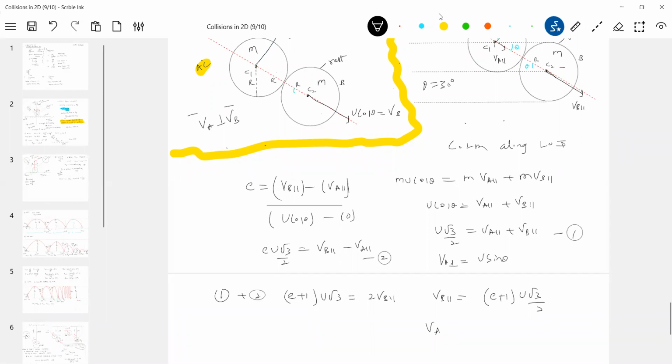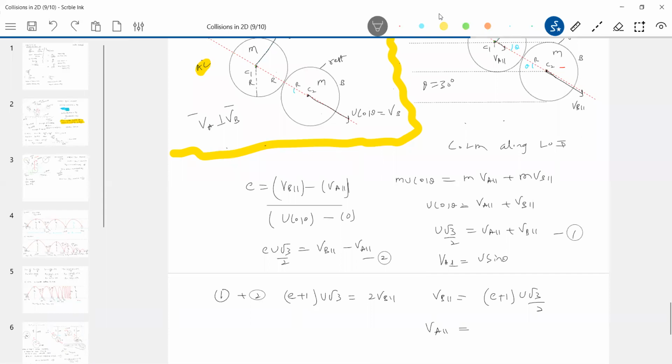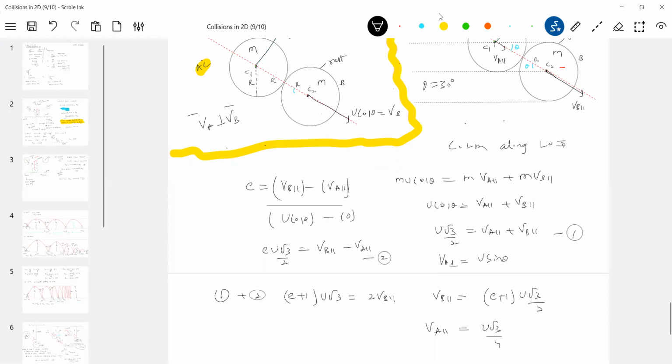Anybody, VA parallel? Sir, u root 3 by 4, right? No, sir, VB parallel. e must be there, no? The value of e.